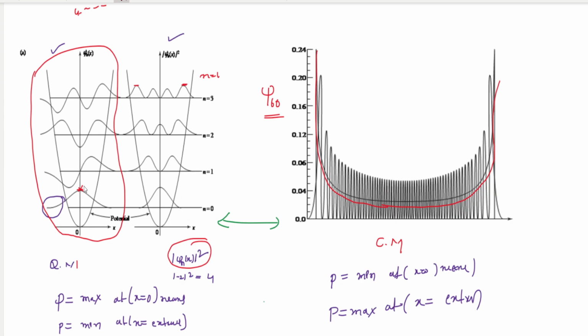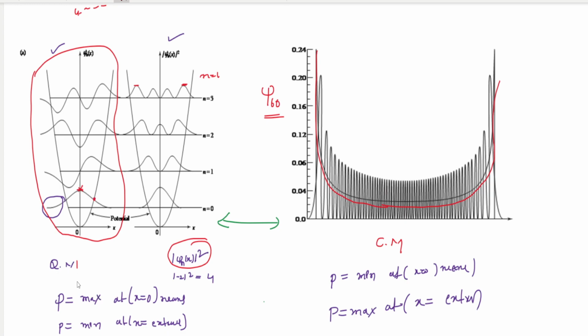If you observe clearly, the maximum probability is at x equal to 0. That means at the mean position the probability is maximum, and at the extreme position the probability is minimum. This is the quantum mechanical case.